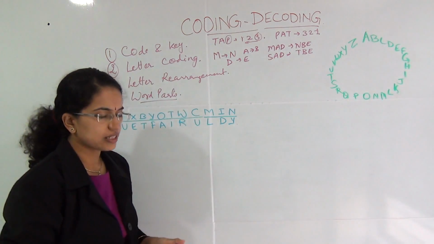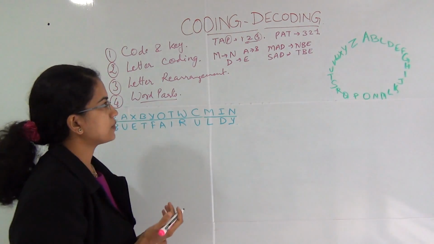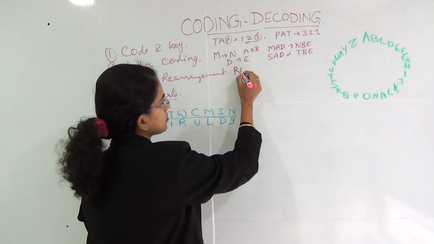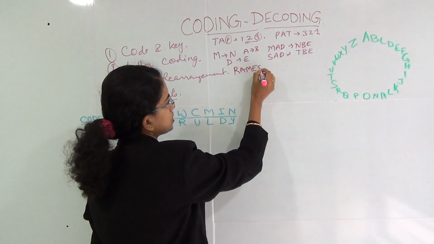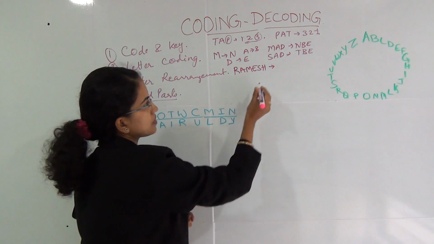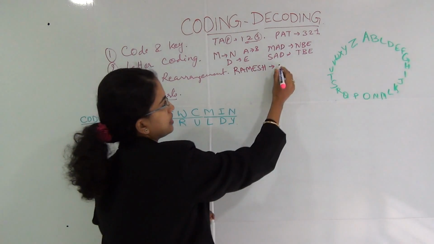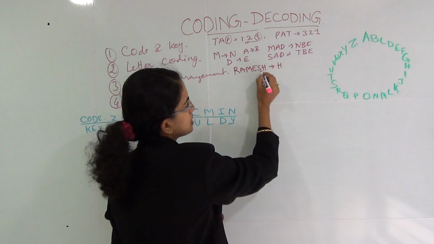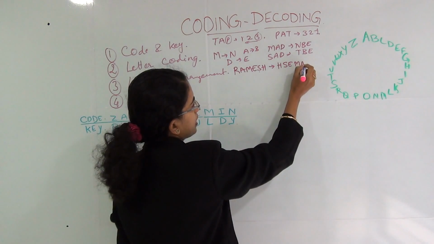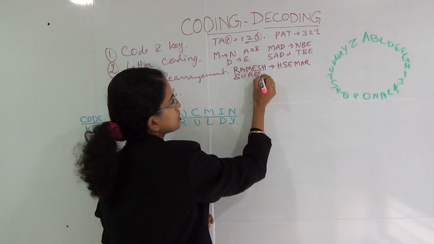Letter rearrangement is much simpler than all of these. Ramesh in any language becomes, I am inversing the way I am writing, so I am rearranging the letters. It becomes S, H, S, E, M, A, R. So what would Suresh become?